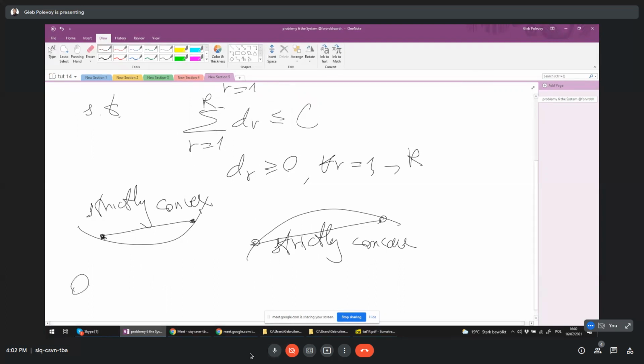So our functions, our v_r, are not strictly concave.